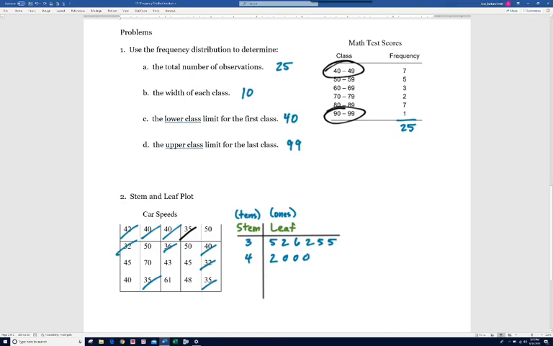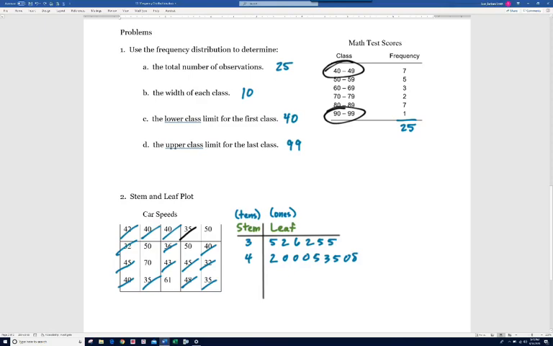And in the third row, we got 45, 43, and another 45. And then in the last one we have 40 and 48. Notice I'm crossing these off as we go.